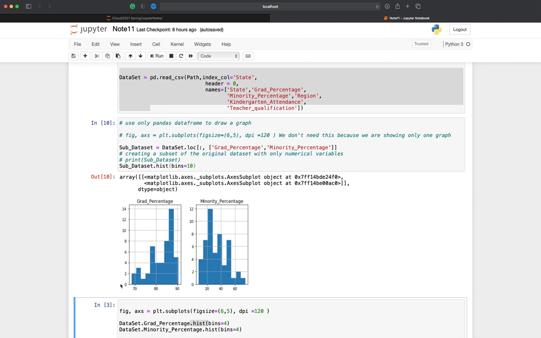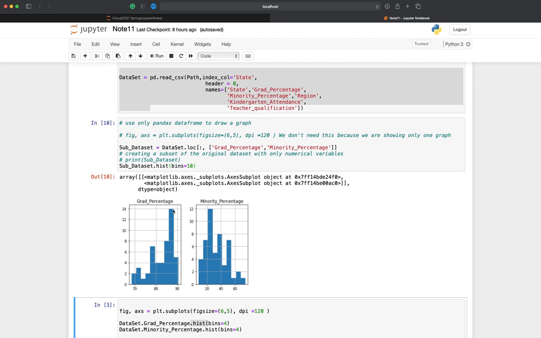So this frequency tells me, for example, look at this one, there are just 2 states that have the percent of high school graduation, let's say from the minimum percentage to like 71 or 72, right?